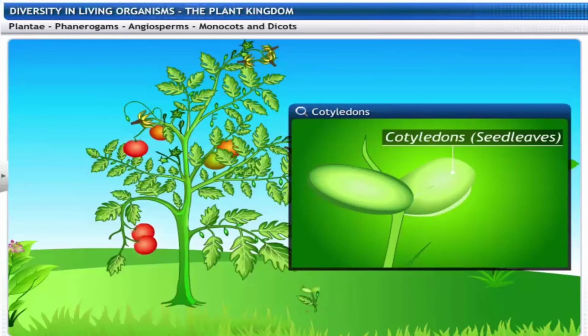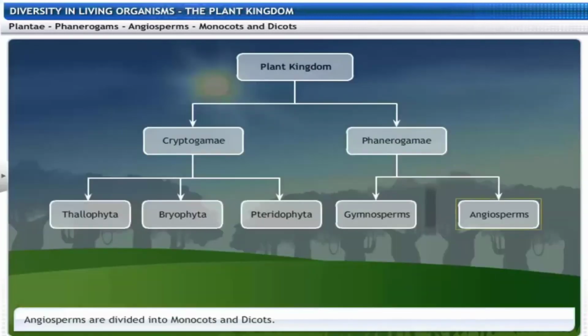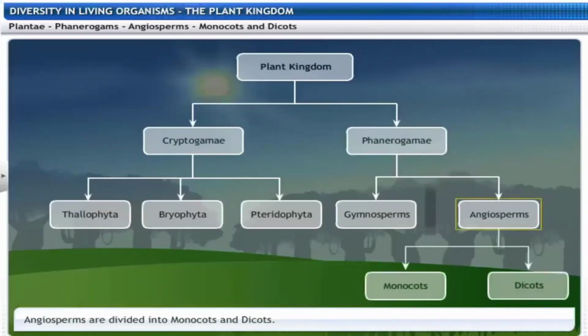These cotyledons provide food to the growing embryos when the seeds germinate. Angiosperms are divided into two groups on the basis of the number of cotyledons present in the seed. Plants with seeds having a single cotyledon are called monocotyledonous or monocots, and plants with seeds having two cotyledons are called dicots.